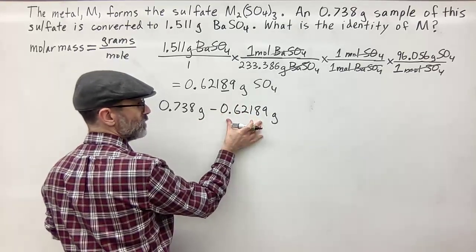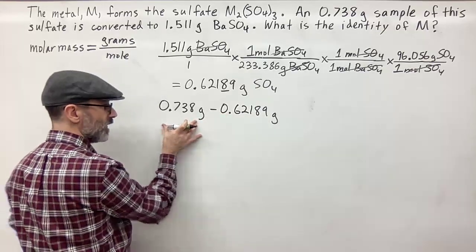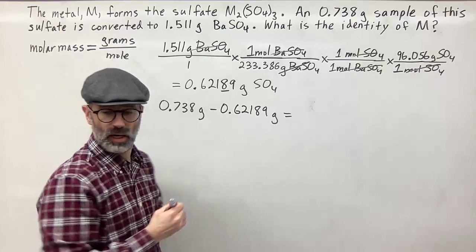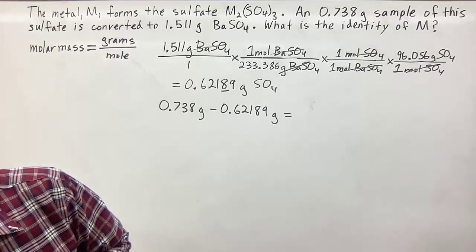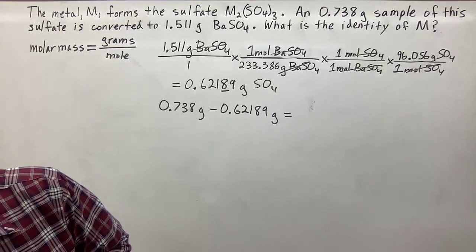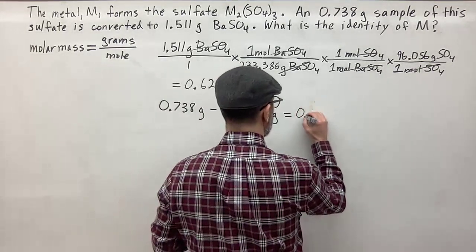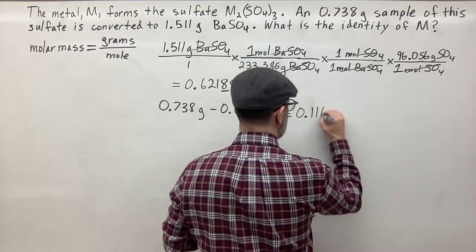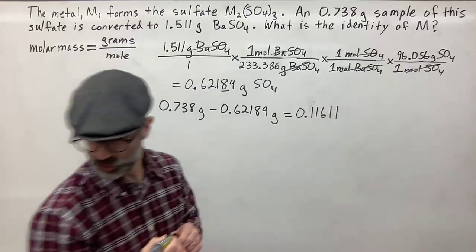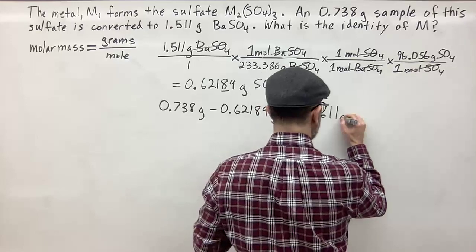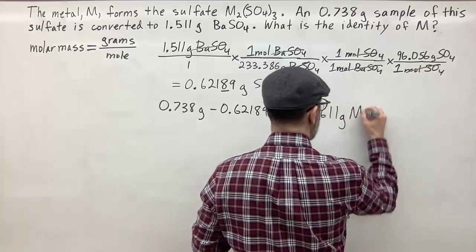This is the mass of the sulfate in this amount of sample. And so when I subtract that out, I should have just the mass of the metal, and I get 0.11611. Let me double check that. Yes, this is grams of mystery metal.